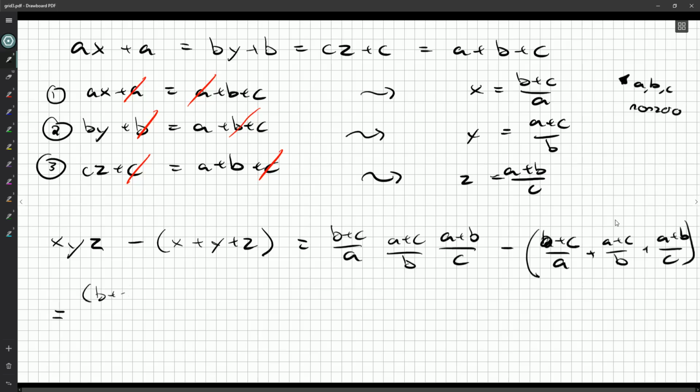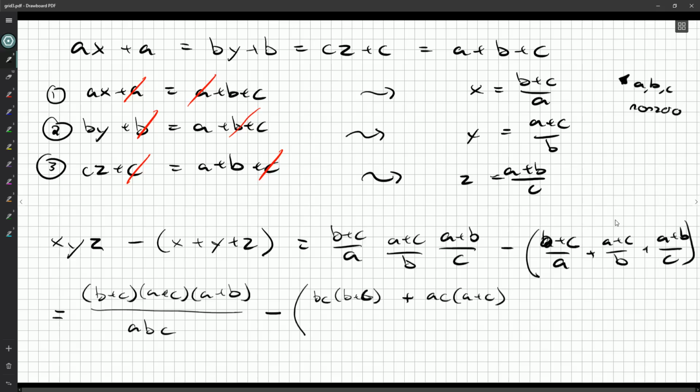So we get (B plus C), (A plus C), (A plus B), all over ABC, minus BC(B plus C), plus AC(A plus C), plus AB(A plus B), all over ABC.